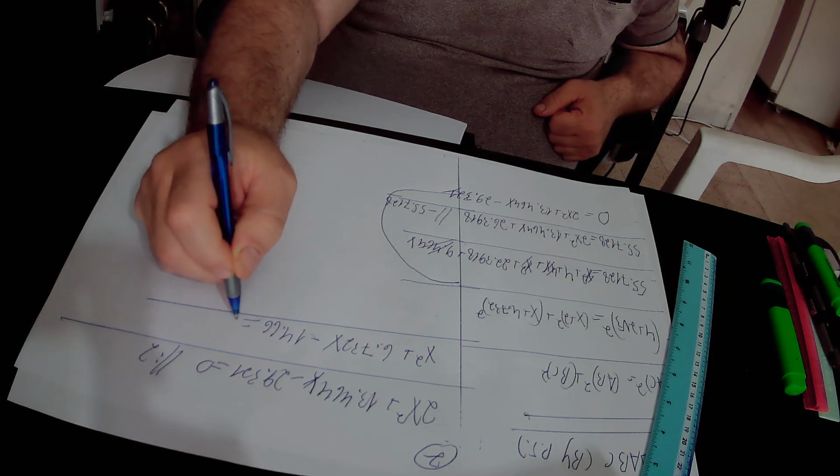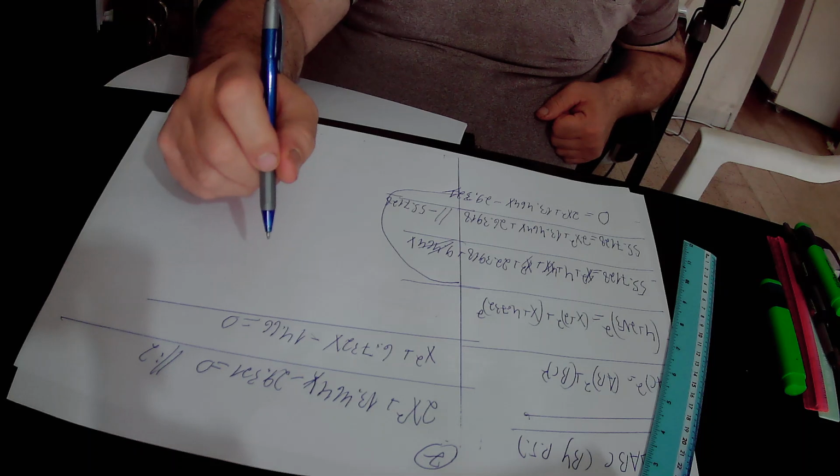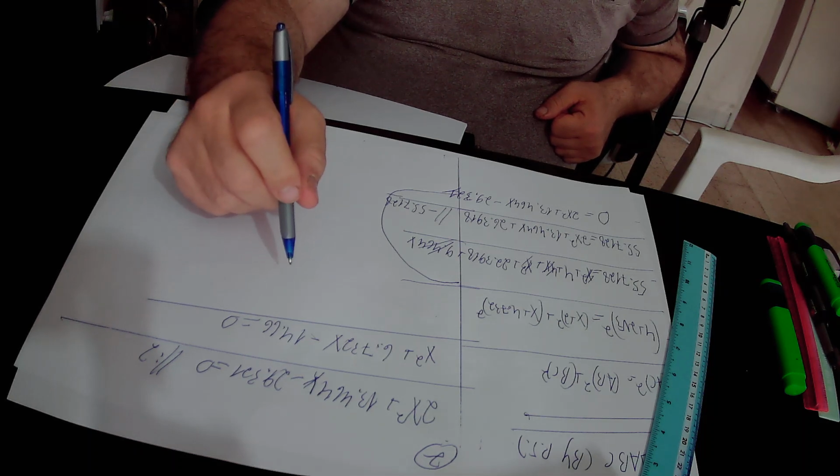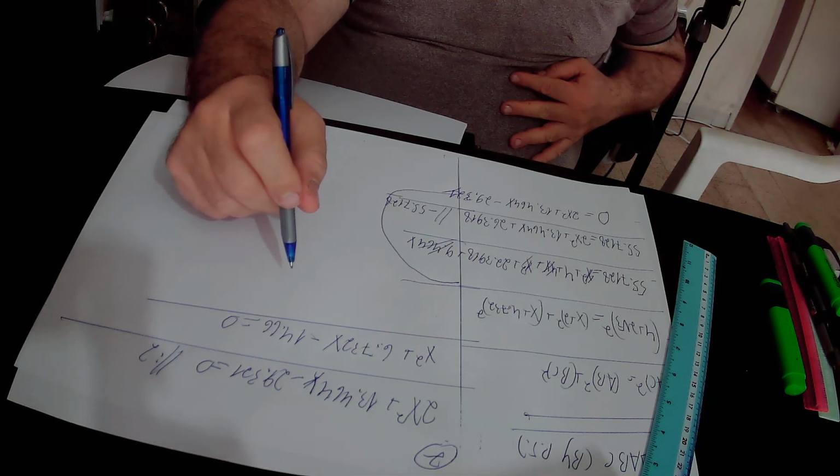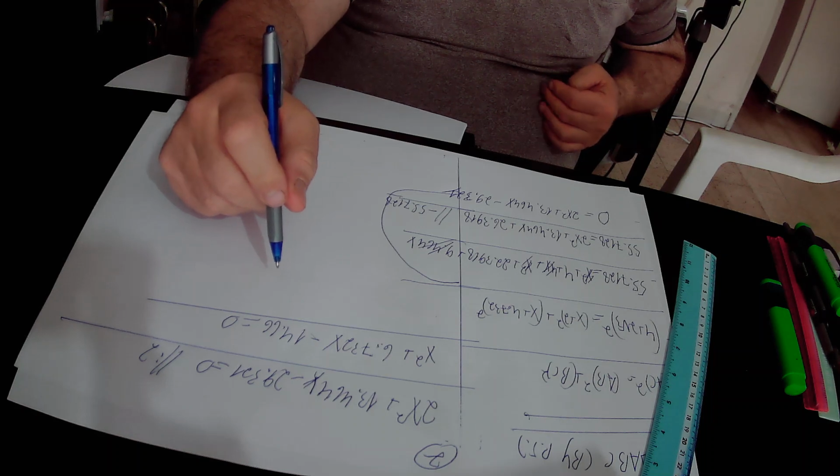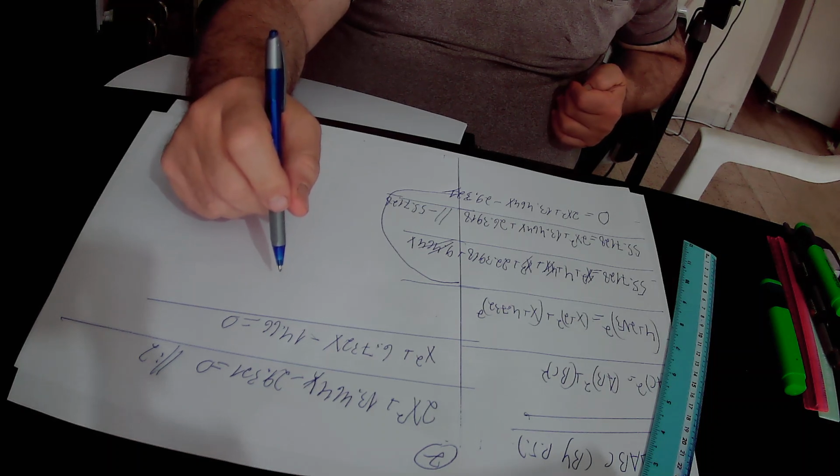That's equals to 0. So x squared plus 6.732x minus 14.66 equals to 0.